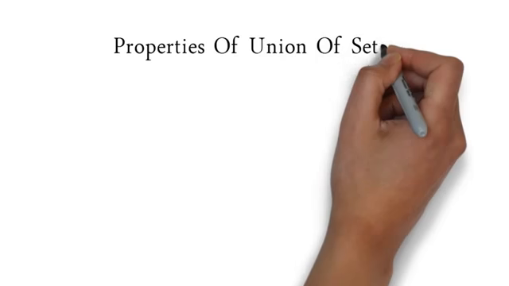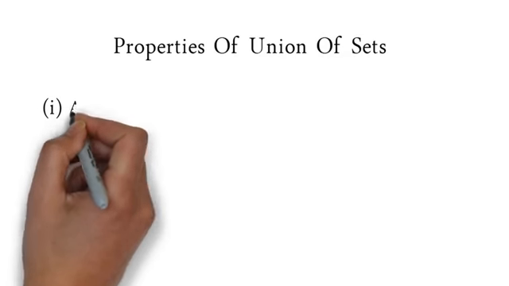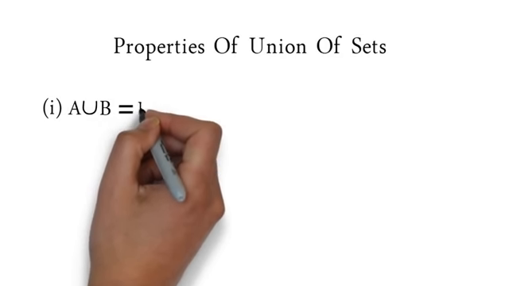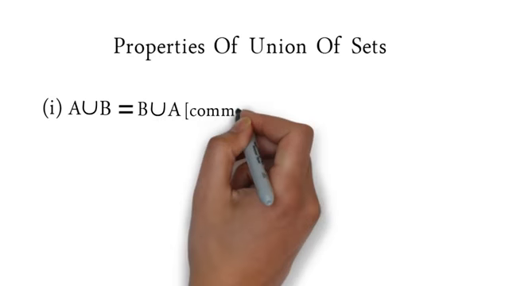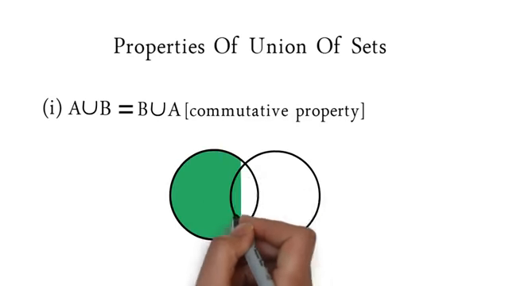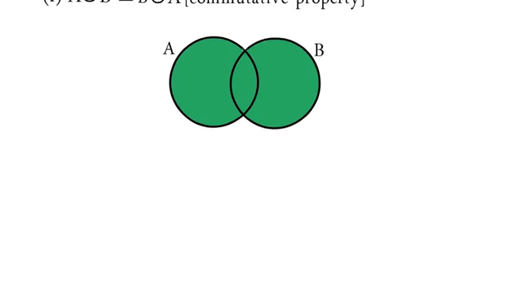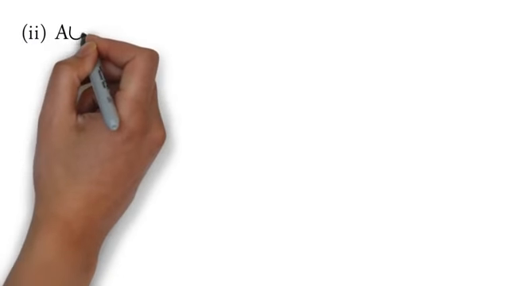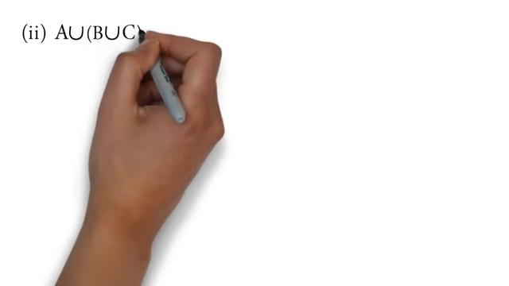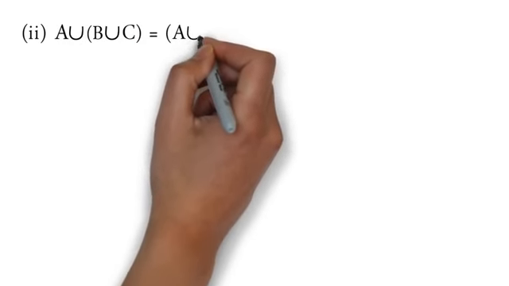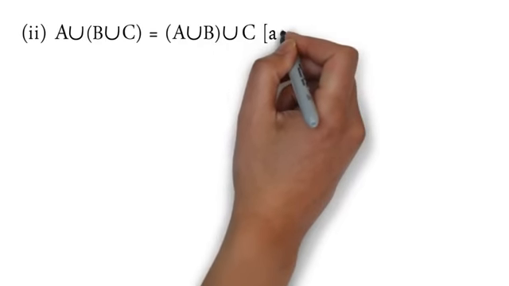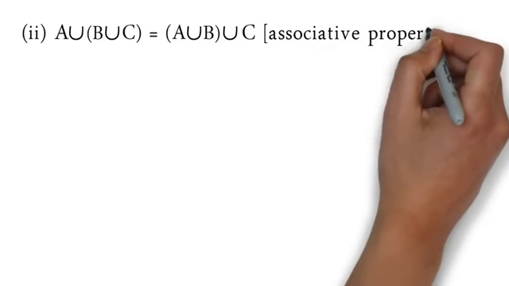Properties of union of sets. First, A union B is equal to B union A. This is the commutative property. Second, A union with B union C is equal to A union B union with C. This is the associative property.